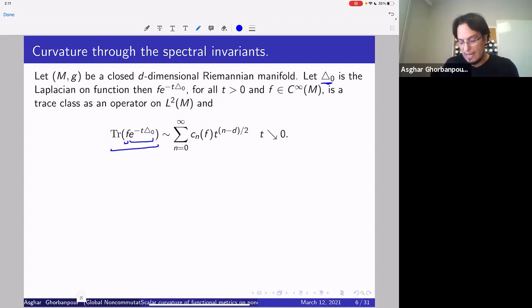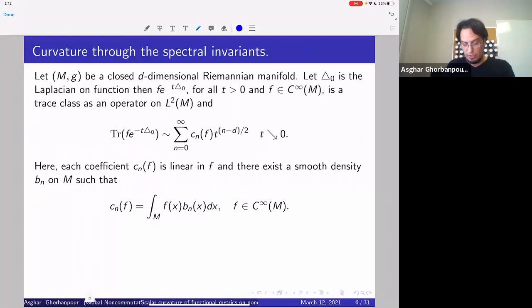But when we let that go to 0 from the positive side, then we have this nice expansion in terms of t. And the coefficients of this expansion will give us very nice information about the geometry of this manifold.